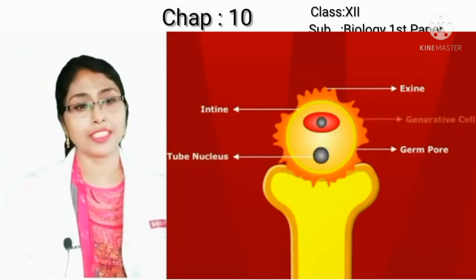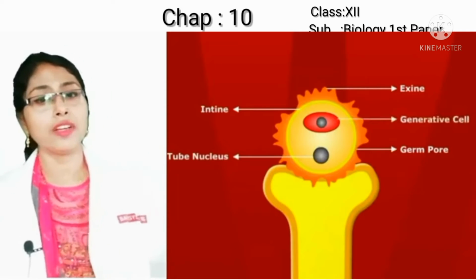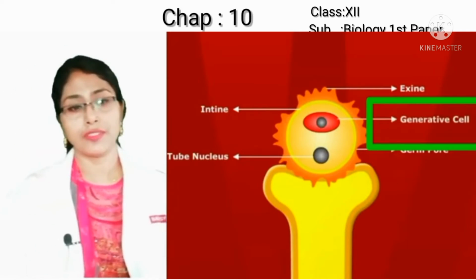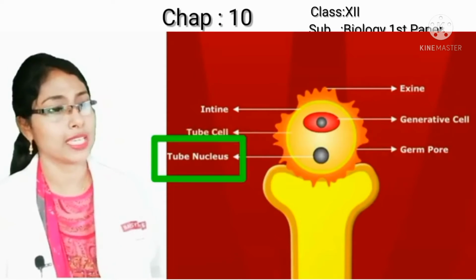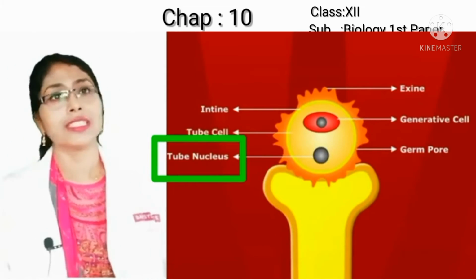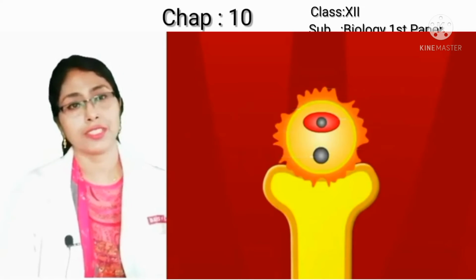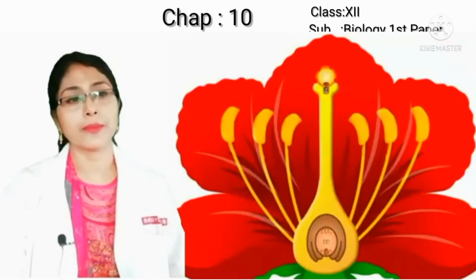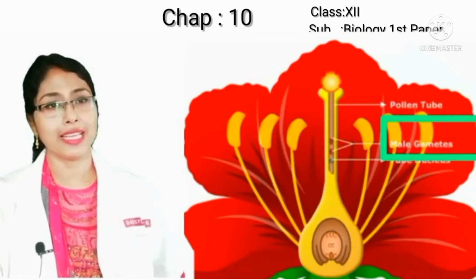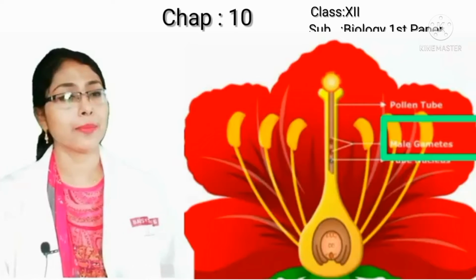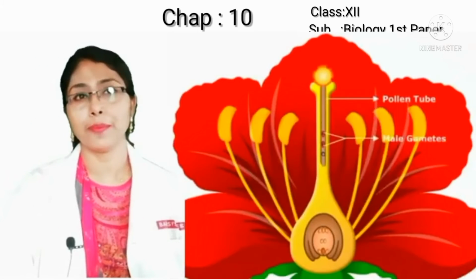Pollen grain has 2 nuclei. The smaller nucleus is called generative nucleus and the larger nucleus is called tube nucleus. Generally, pollination takes place in this binucleated condition. The generative cell will divide to form two male gametes, and the tube nucleus makes the pollen tube.